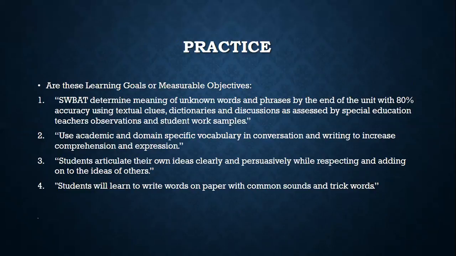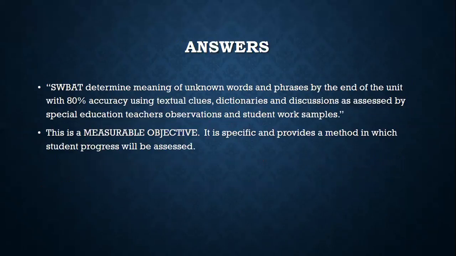So let's think for a minute. Is this a learning goal or is it a measurable objective? Look at the statement very closely. And here is the answer. If you guessed a measurable objective, then you are correct.